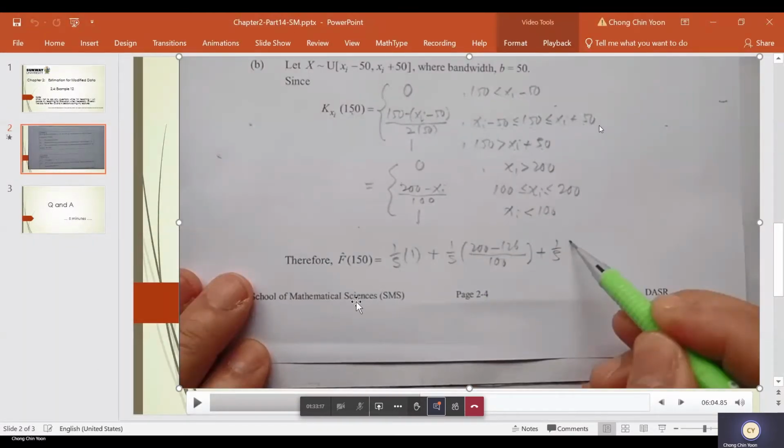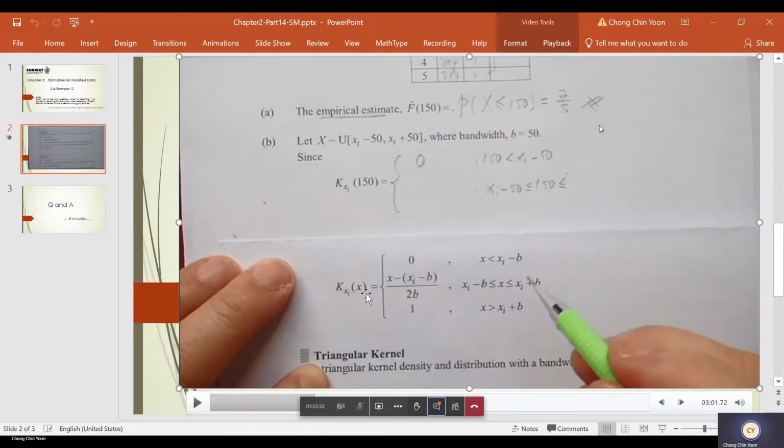Okay, class. Now, here you can see I simplified the piecewise function. Now, you have to refer to this formula. Please look at the x value. This x value is 150.